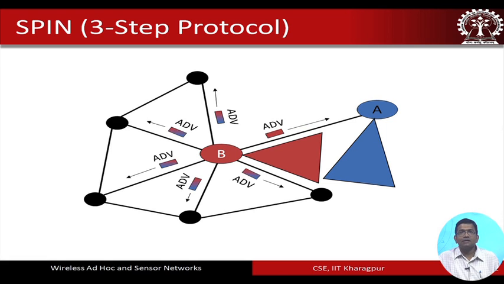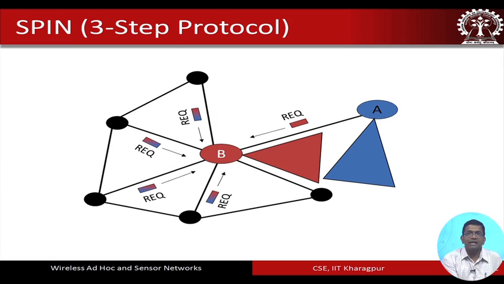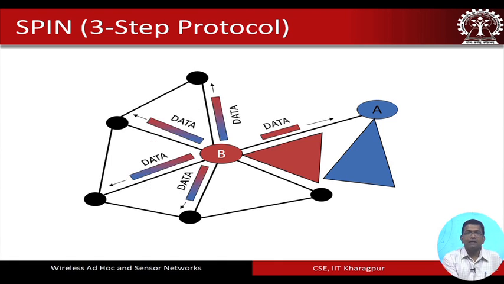Then node B will again send the advertisement to all its neighbors. All these nodes that we can see over here are the recipients of this advertisement. Whoever wants the data will send the request to node B. So, this is how it works, and finally, after this advertisement, request, data exchange, the actual data will be sent by node B to all the requesters of that particular data for which the advertisement was made.